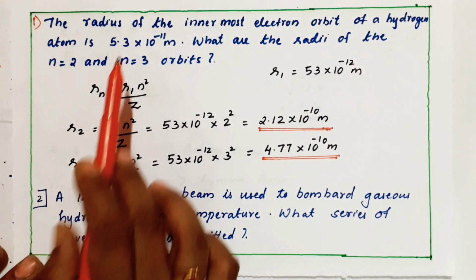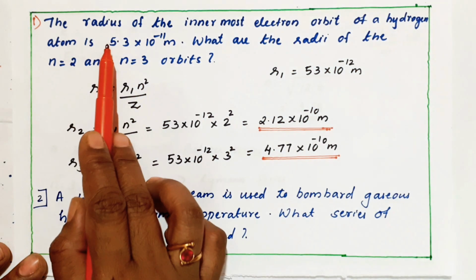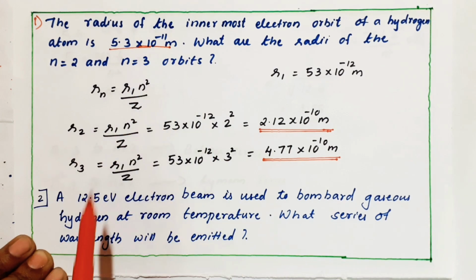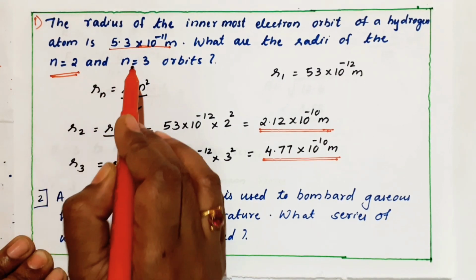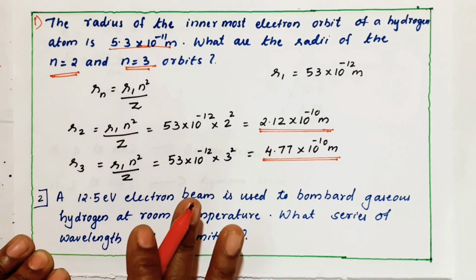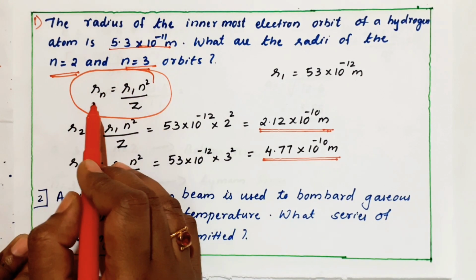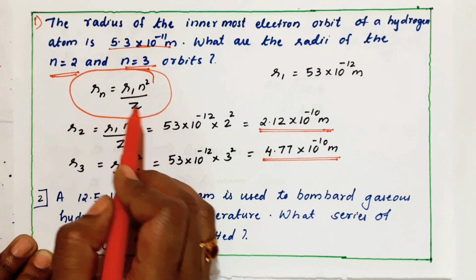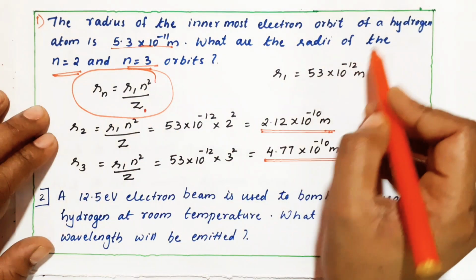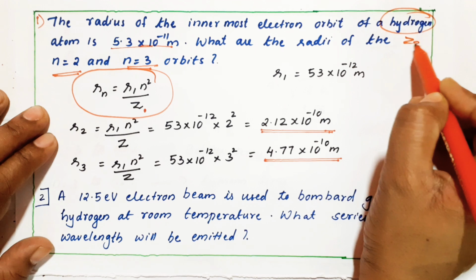Clear? I'll give you 2-3 questions. The radius of the innermost orbit of a hydrogen atom is 5.3 into 10 power minus 11. What is the radius of n equal to 2 and n equal to 3? Direct question I'm giving. You know the equation Rn equals R1 n square by Z. They told in the question it's hydrogen, so Z equal to 1.